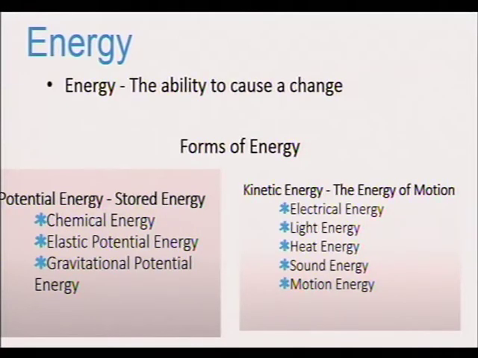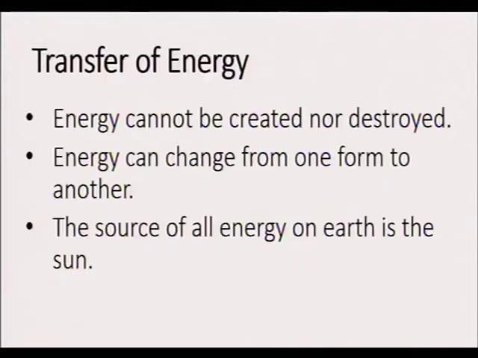These are further subdivided into other energy types. Electrical energy, light energy, heat energy, and sound energy are all types of kinetic energy. And then we have potential energy: chemical energy, elastic potential energy, and gravitational potential energy. These are energy due to position, which is stored energy.